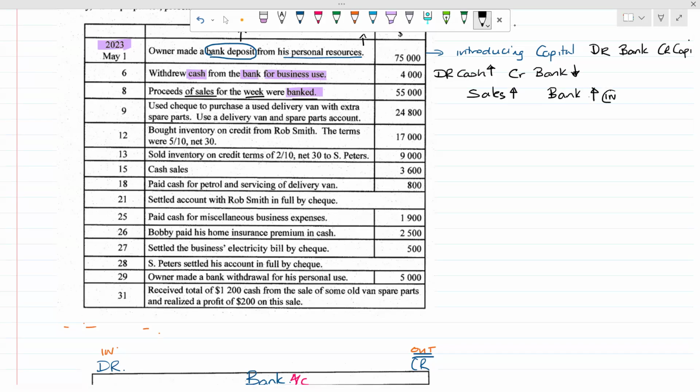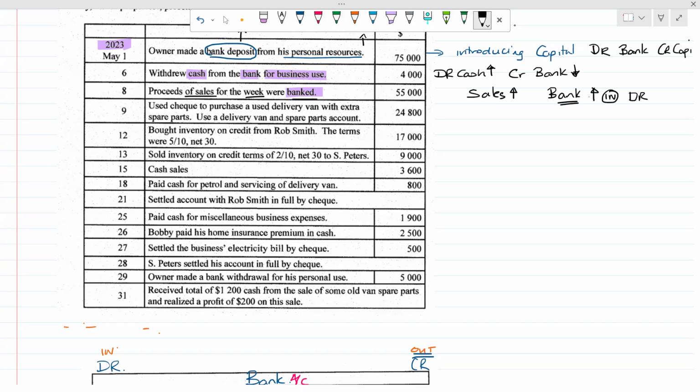Are we going to, I'm trying to work out debit or credit for the accounts. So am I going to debit or credit the bank? Money is coming in, so I'm going to debit it. Why am I debiting it? Because it is increasing and it's an asset. So if I'm debiting bank, every double entry has to have a debit and a credit.